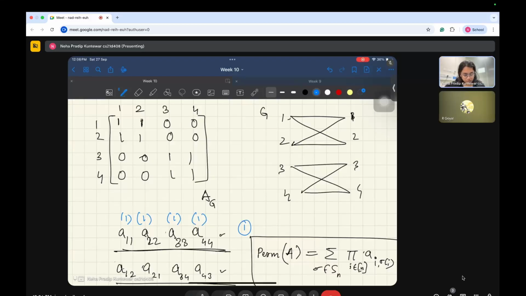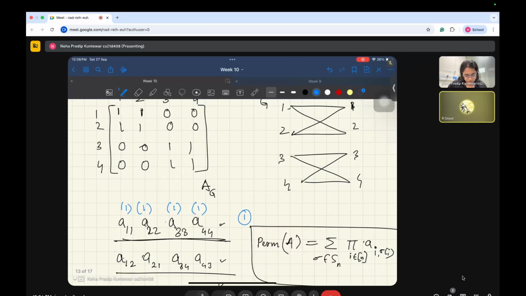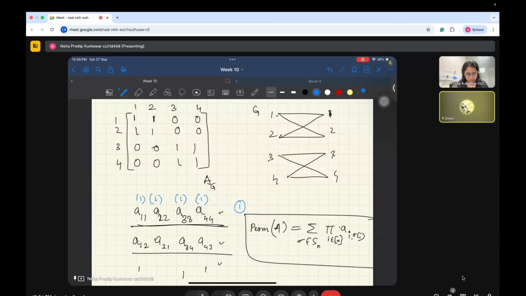Yes. Now for the second one, A12 is a 1, A21 is a 1, right? A34 is a 1, A43 is a 1. So what does this correspond to in the graph? What that means is 1 is matched to this one, 2 goes here, 3 goes here, and 4 goes here.